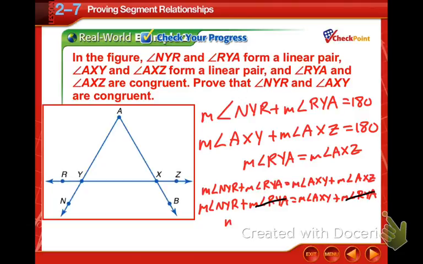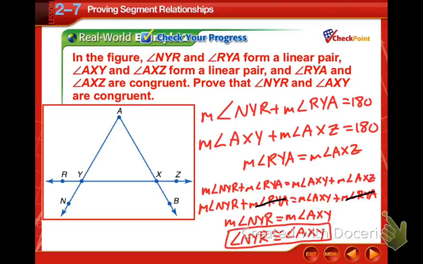Then we're left with the measure of angle NYR equal to the measure of angle AXY, which means that angle NYR is congruent to angle AXY. Which is exactly what it asks us to find.